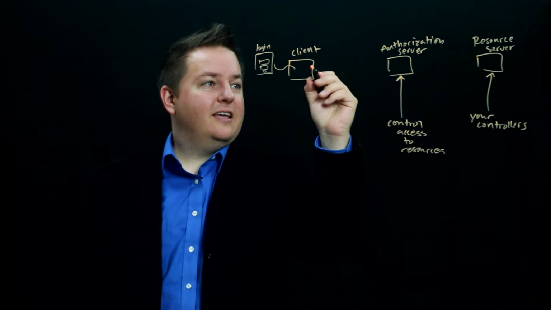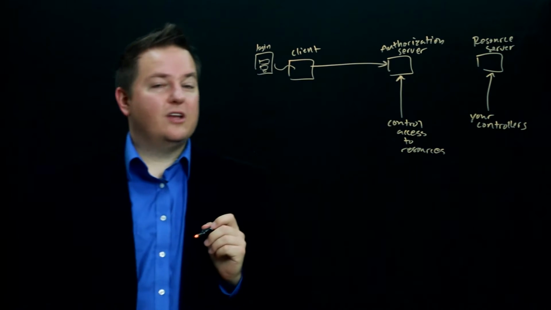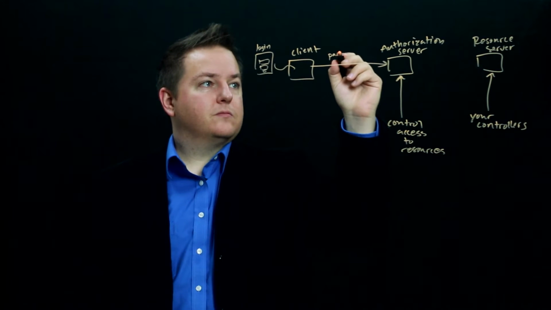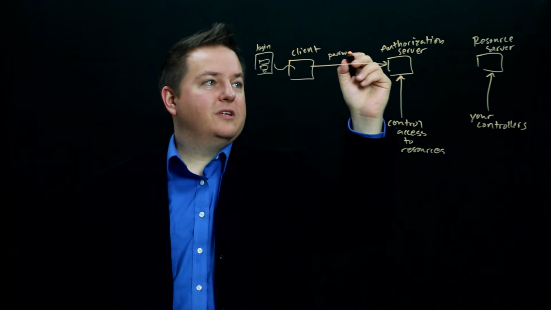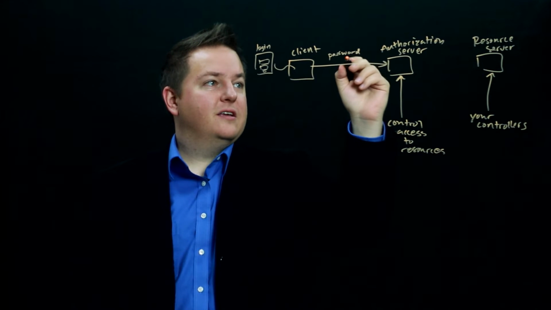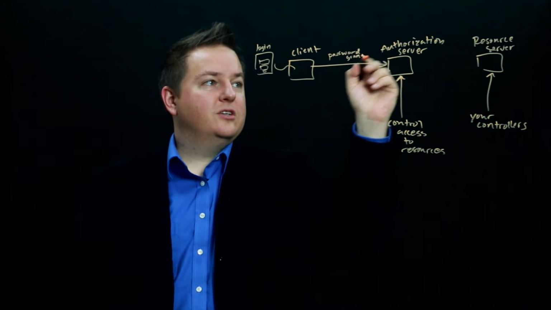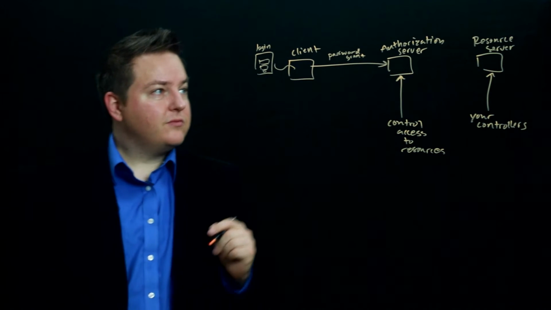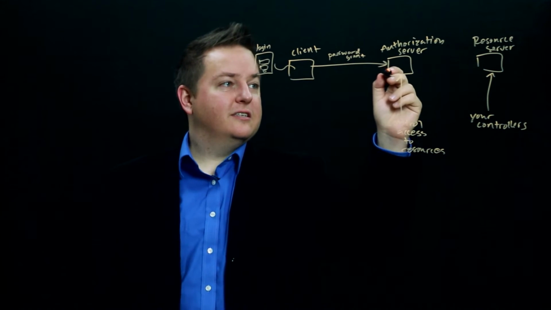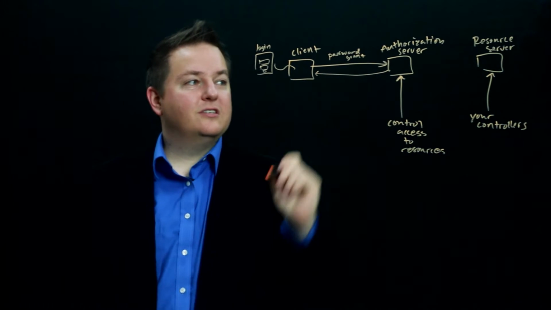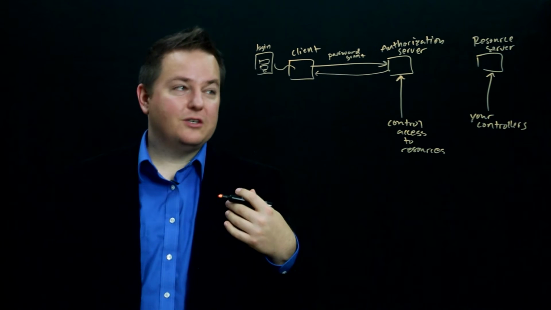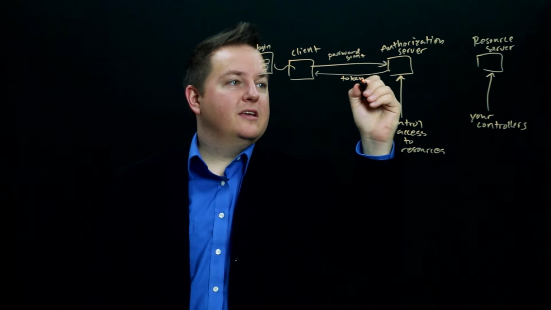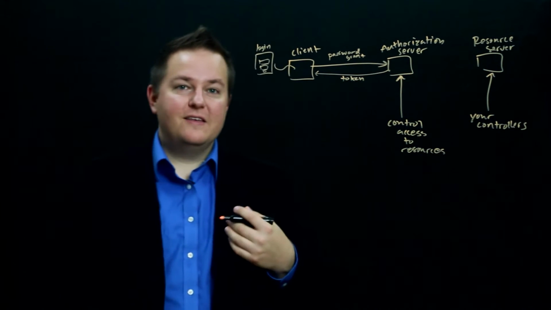And then it sends a request to the authorization server for a password grant. And this is really just a fancy way of saying that it's trying to log in with your username and password. And what the authorization server does is it returns something that is similar to a session cookie, but it's called a token, and it's going to be a piece of data that you can then use.